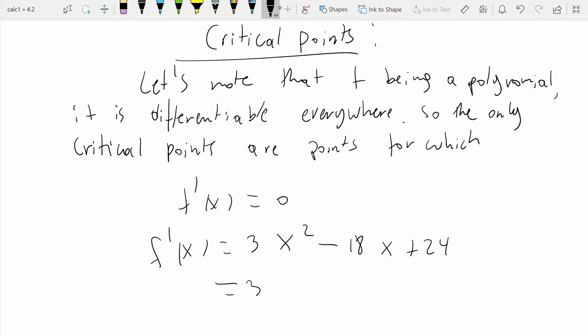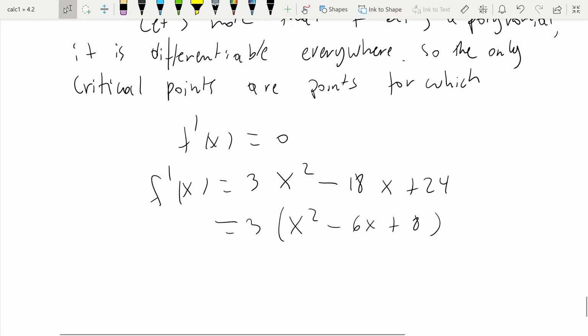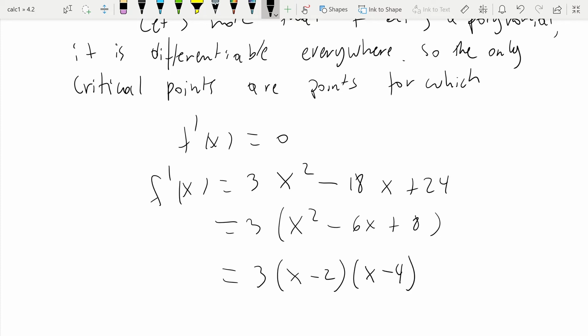We have a common factor of 3, so 3 times (x squared minus 6x plus 8). Added up we get 6, multiplied we get 8, so we can factor this as 3 times (x minus 2) times (x minus 4).